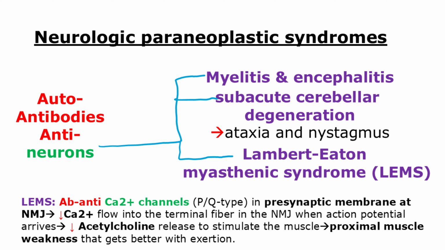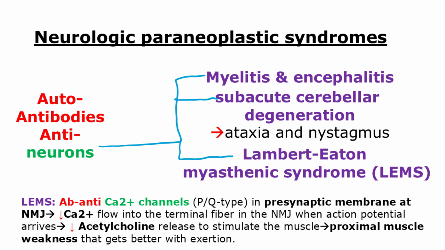Neurologic paraneoplastic syndromes. In some patients with SCLC, proteins made by tumor cells can trigger the immune system to produce autoantibodies that bind to SCLC cells and cross-react with similar proteins present in neurons of the central nervous system or the neuromuscular junction. This is a type 2 hypersensitivity reaction.